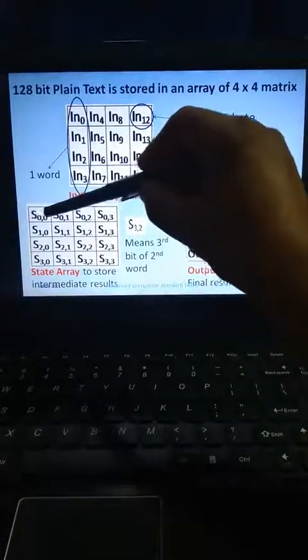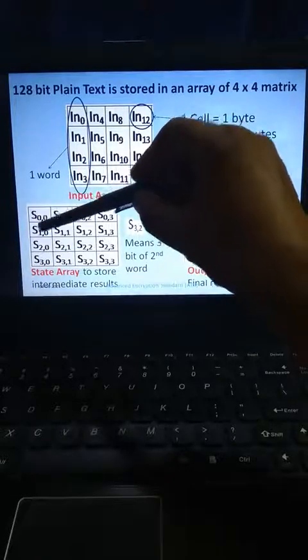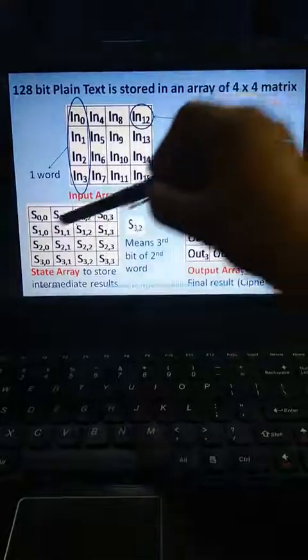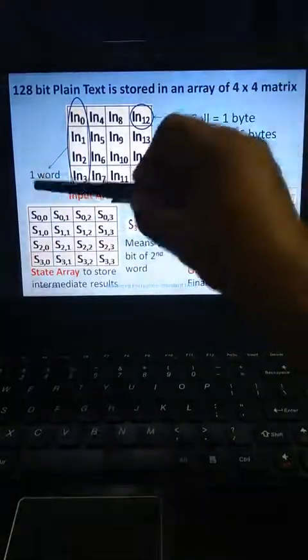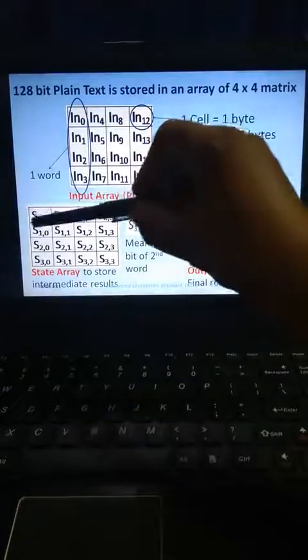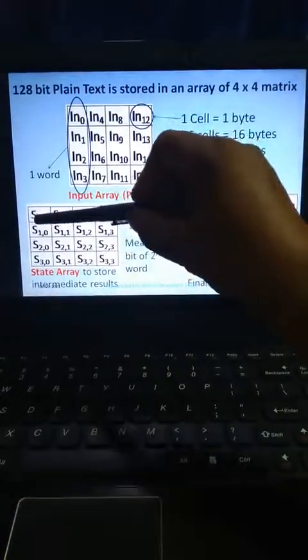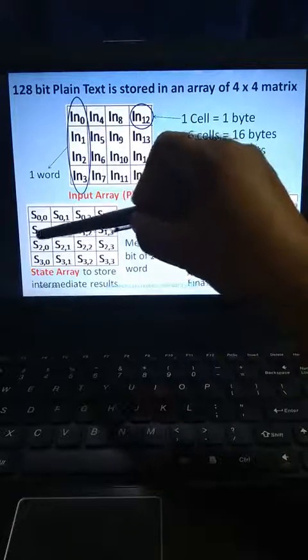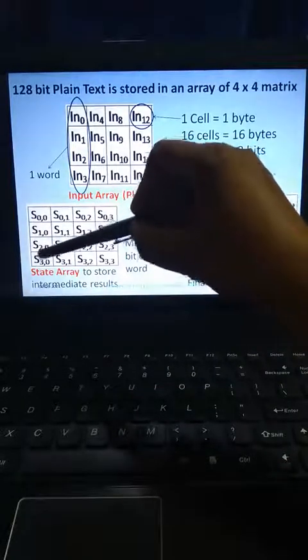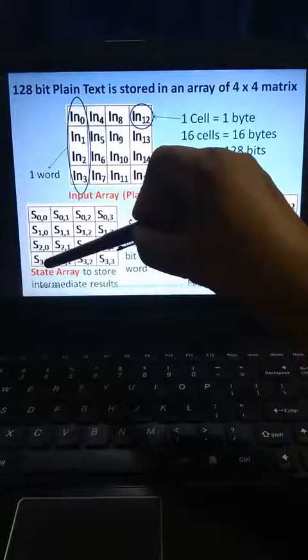So this is represented as S0,0 and so on. This is 0th row, this is first row, second row, third row, and this is 0th column, first column, second column, third column. So S00 means 0th row, 0th column. S10 means first row, 0th column. S20 means second row, 0th column. S30 means third row, 0th column.